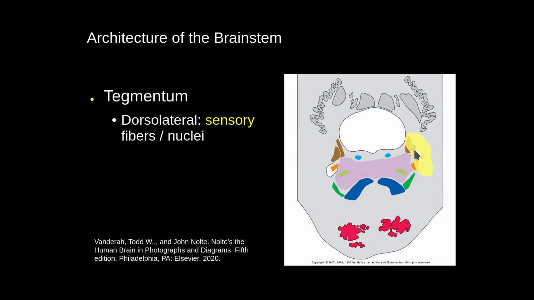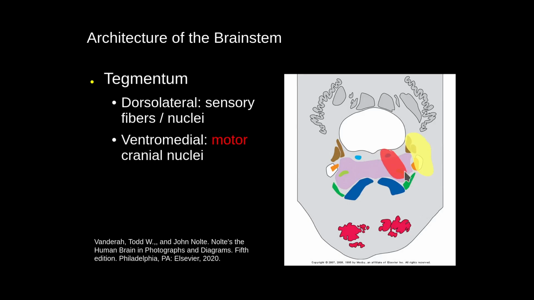Right? So the basic pattern in the everything else pattern: motor is here in the ventral part of the brainstem. Sensory is always dorsal. Especially the more special the sense is, the more dorsal it is. The special senses of hearing and taste, as far as the brainstem is involved.